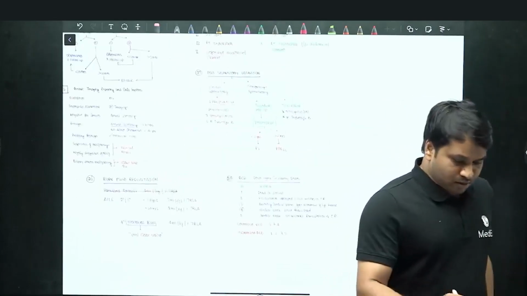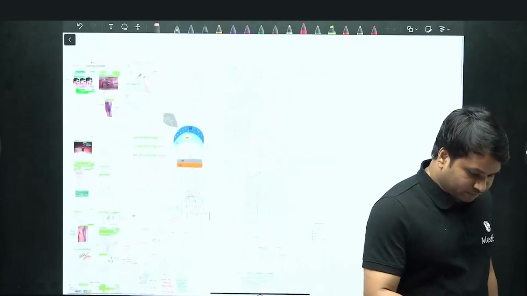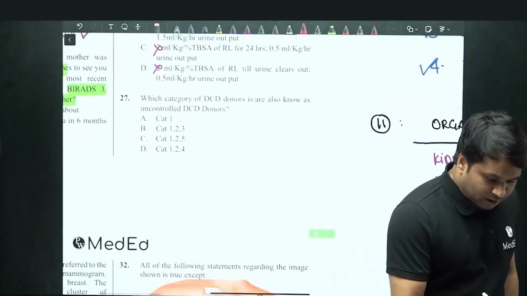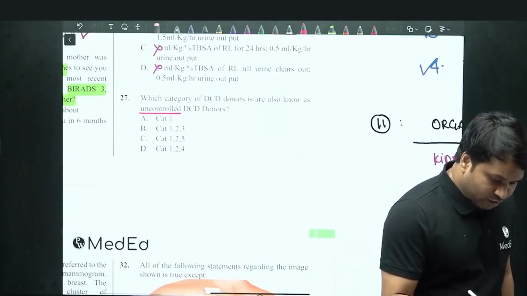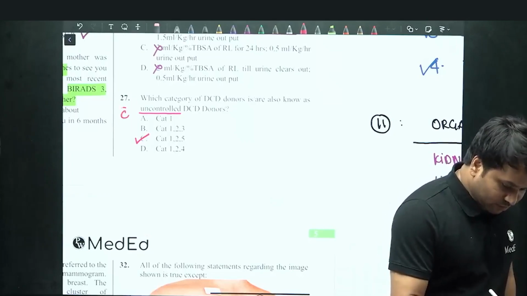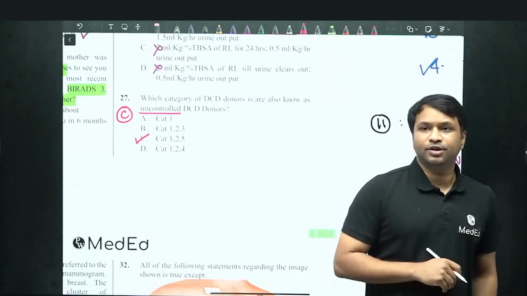So when you go to question number 27, uncontrolled, as we have just learned, is going to be categories 1, 2, and 5, that is C. So 27 is C for Calcutta.